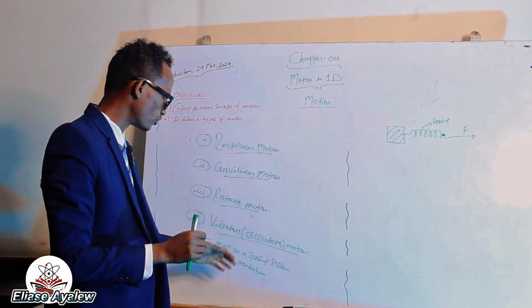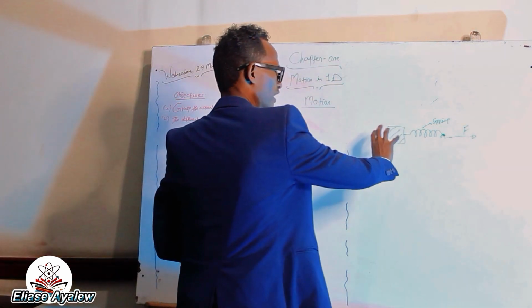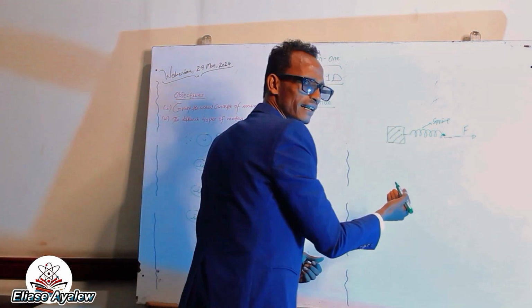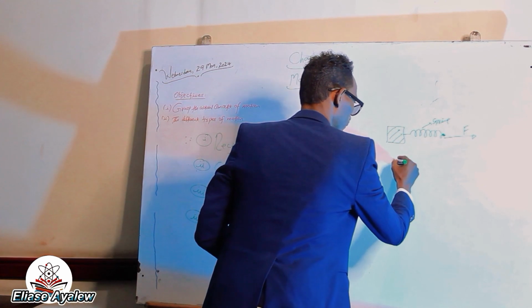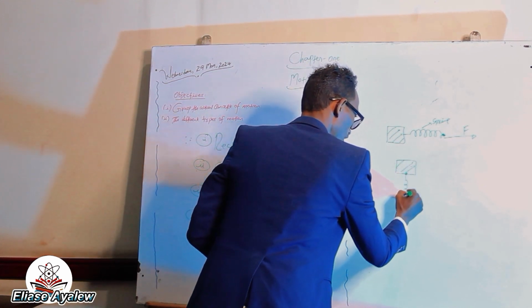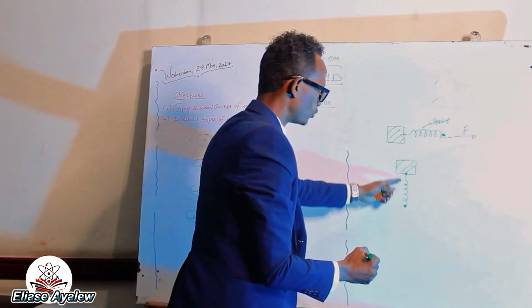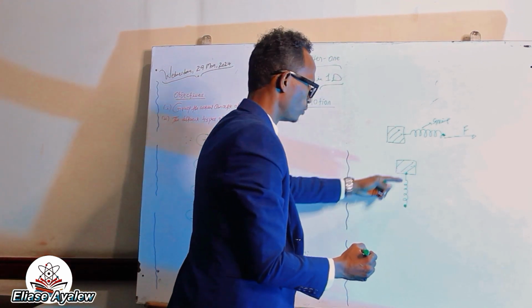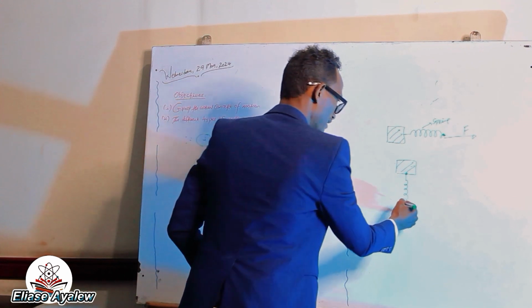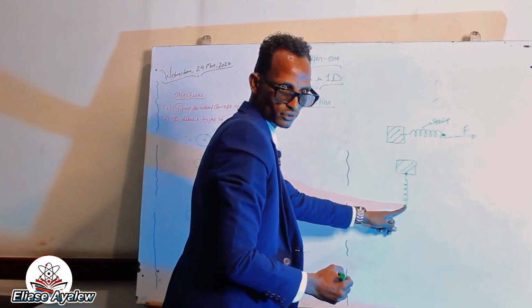And the same works for the simple pendulum. Or we can change the position of the spring in such a manner. Look at this one. This is a fixed block, and this is a spring, and one end of the spring is fixed to the block, and the other end of the spring is free to move.